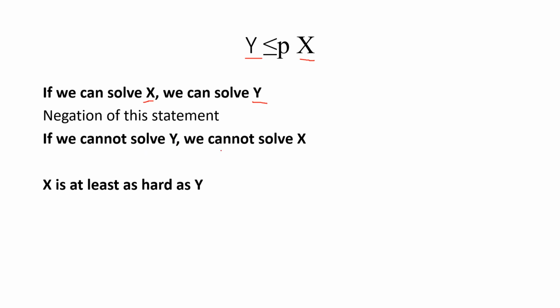If we cannot solve Y, we cannot solve X. Also, if we are able to reduce Y to X, it means that X is at least as hard as Y. For example, if we say that problem Y is NP-hard and we are able to reduce it to problem X, it means that for sure we cannot say that it is in P. It is at least as hard as Y.